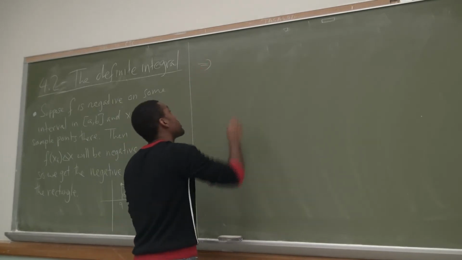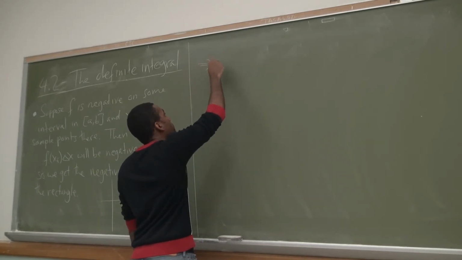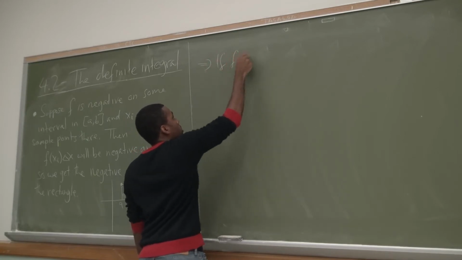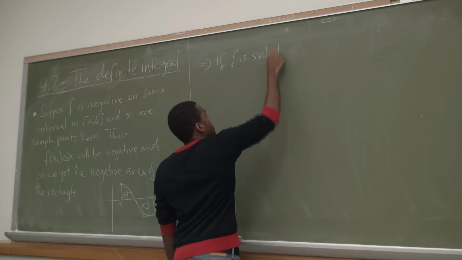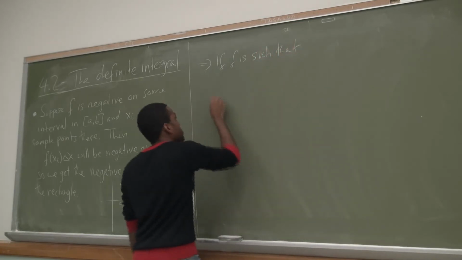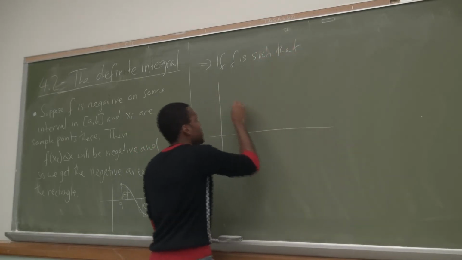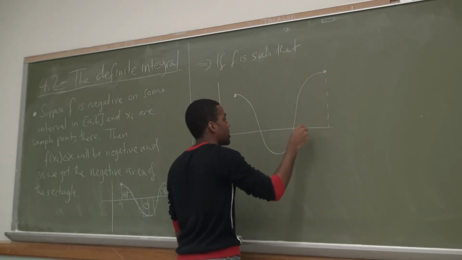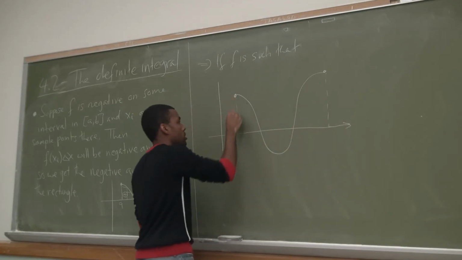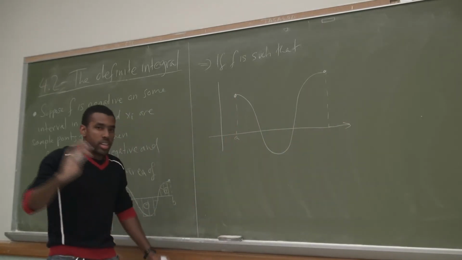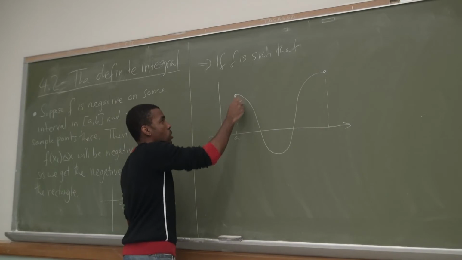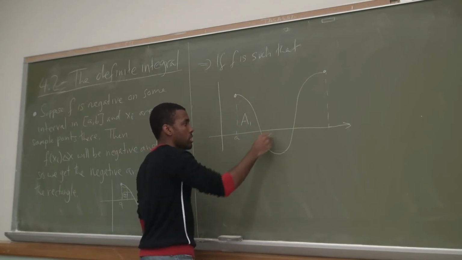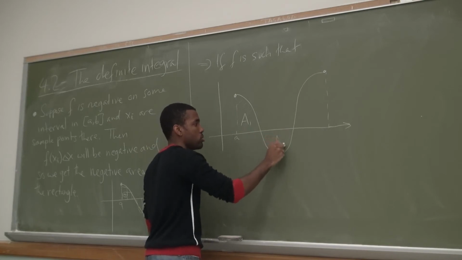This implies, so let's say in theory I actually knew what the area here was, like this. I knew it was some area, called it A1. This, I knew it had area A2.